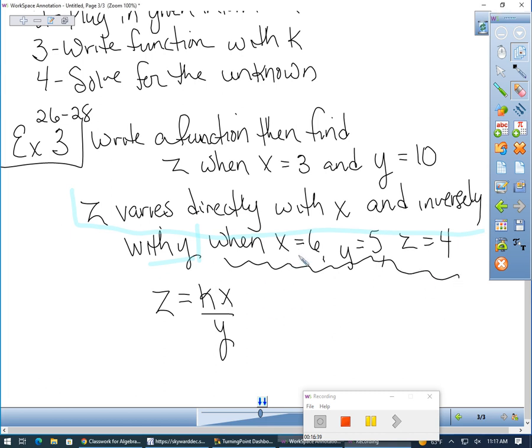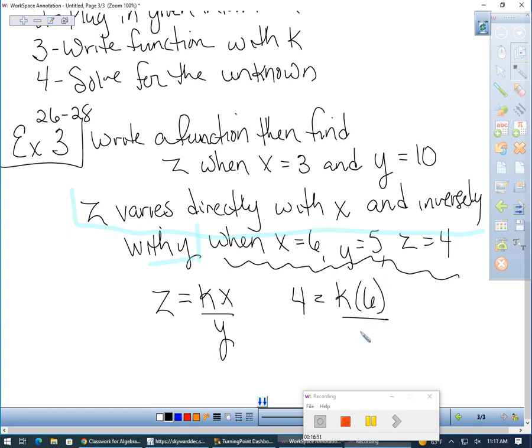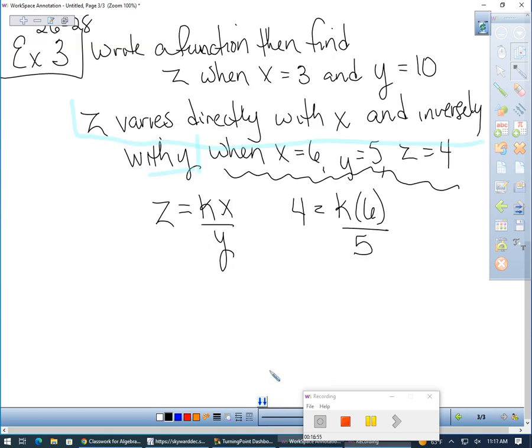All right, so we're going to plug in 6 for x, 5 for y, and 4 for z, and solve for k. 4 equals k times 6 divided by 5. All right, so I actually get 20, if I clear the fraction, equals 6k. Divide both sides by 6, and I get k equals 10/3. We're going to leave it in fraction form because if you use a decimal, you're going to have to round.